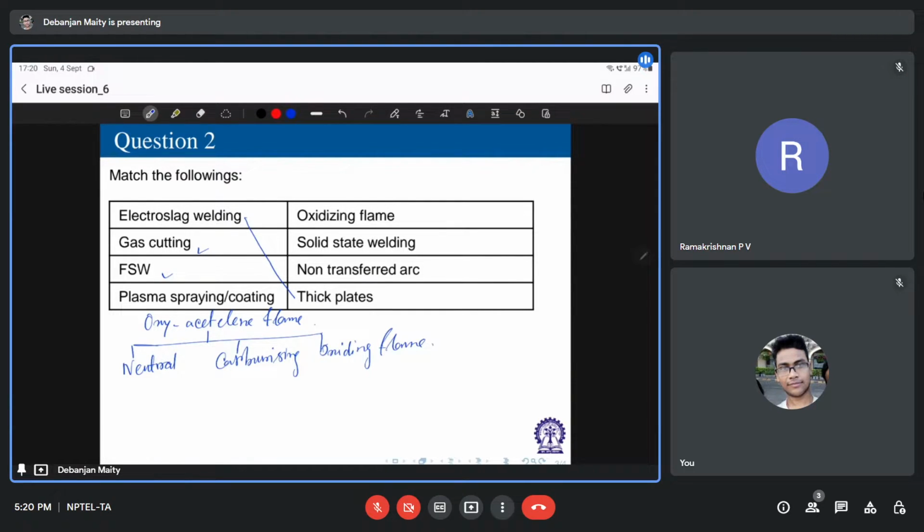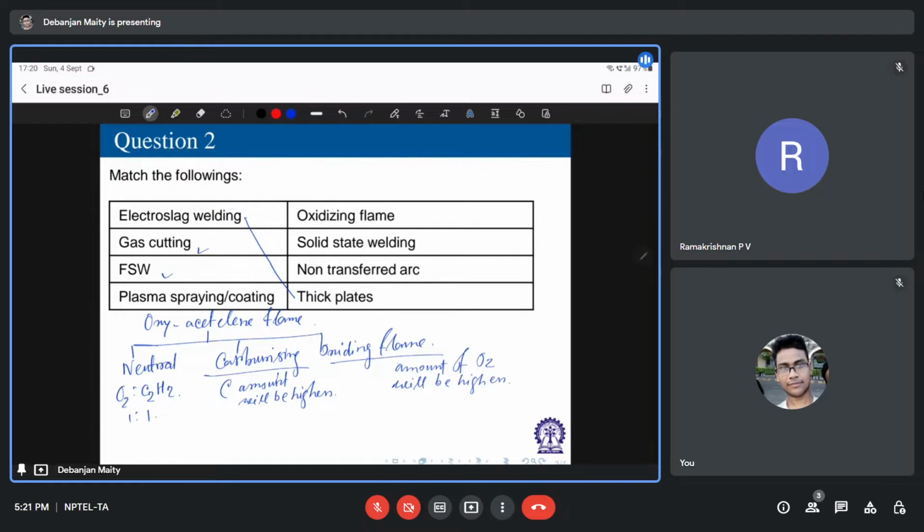Basically, in neutral flame, the ratio of the two gases will be 1:1. In carburizing flame, the carbon amount will be higher, and for oxidizing flame, the amount of O2 will be higher.